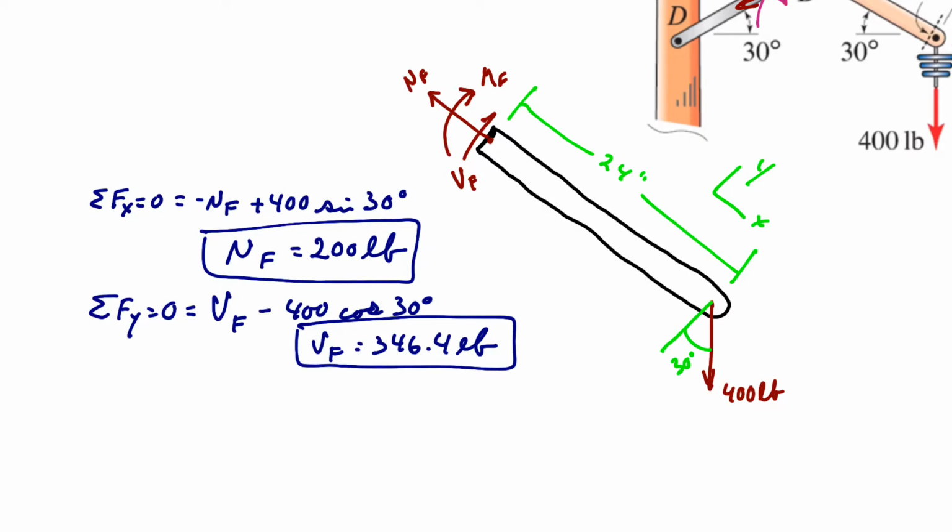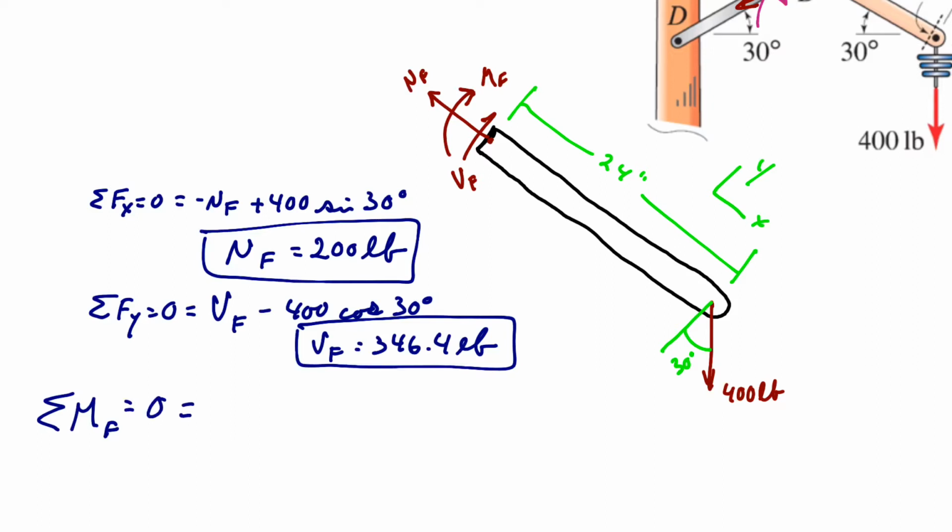If I start writing our moment equation, I'm going to have the sum of the moments, and I'm going to take it at F, which again is immediately to the right of that point, B. I'm going to have that equal to 0.